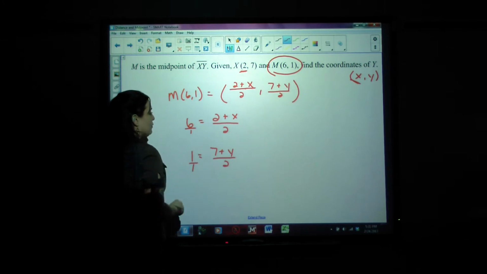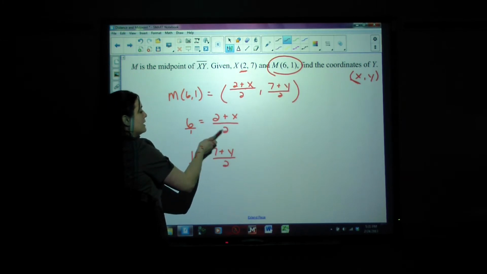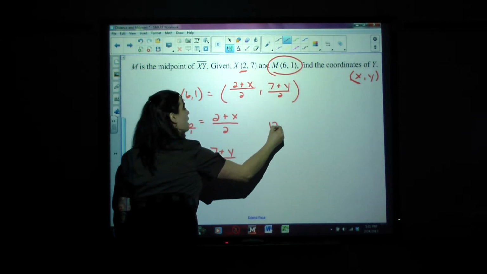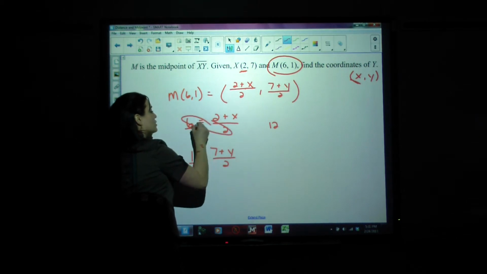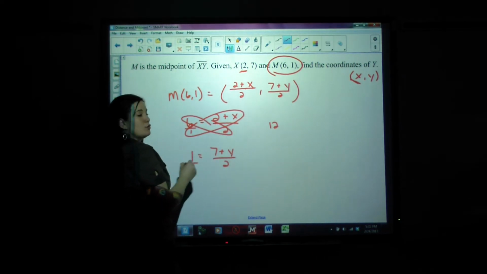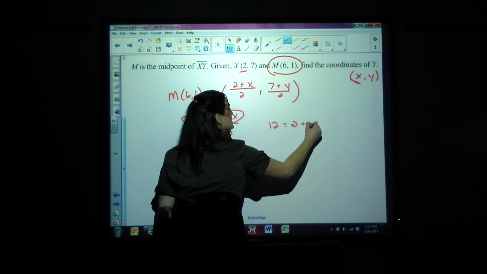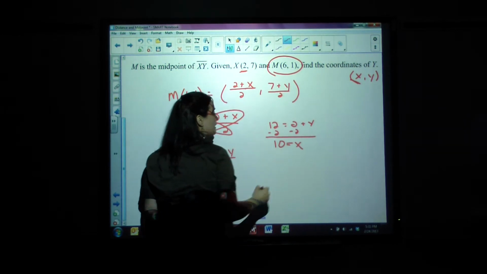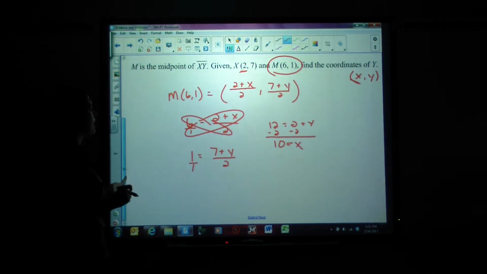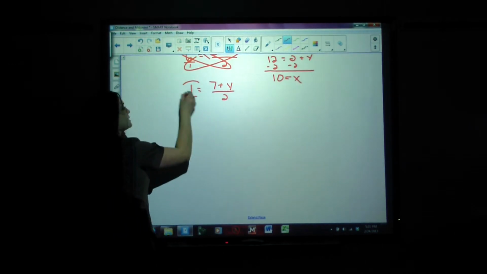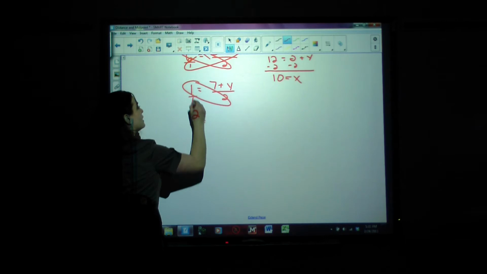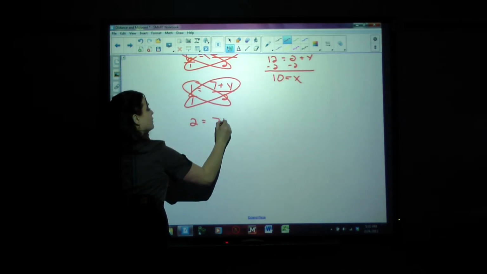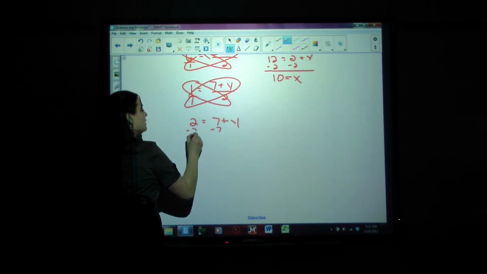And to do that, we're going to use proportions. So we're going to cross multiply. 6 times 2 is 12, which is going to equal 1 times 2 plus x, which is 2 plus x. Solve for x, and we get x equals 10. Same idea for the y's. Putting this over 1, cross multiply. We get 2 equals 7 plus y, subtract 7.